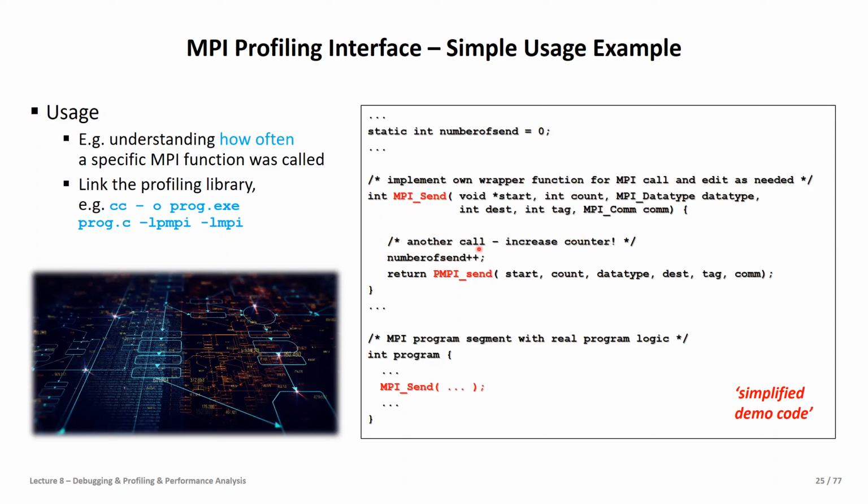Here I just have this counter, as I was alluding to before, and then I return the profiling send. It's a simplified demo code, of course, but in the end, the cool thing is you keep the real program logic and you keep the MPI send as a normal application run with the same function.